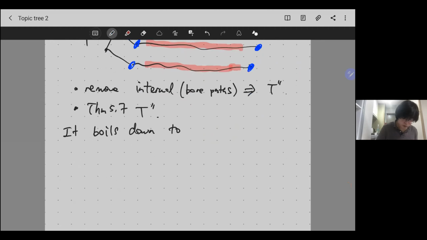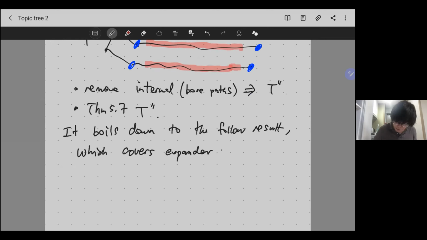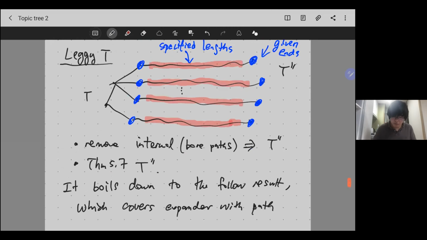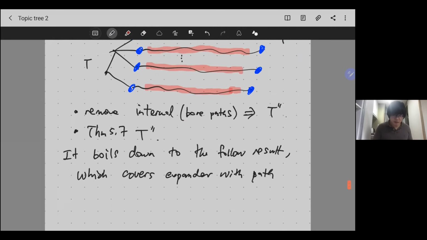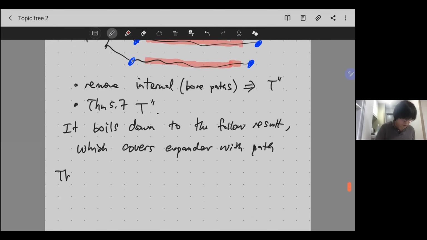Which I call the following result, which covers an expander with paths, right? This is what we want to do. We want to cover the remaining graph, which turned out to be an expander, not surprising because we're dealing with a random graph. We want to cover the whole vertex set with the paths. So precisely, this is the theorem.